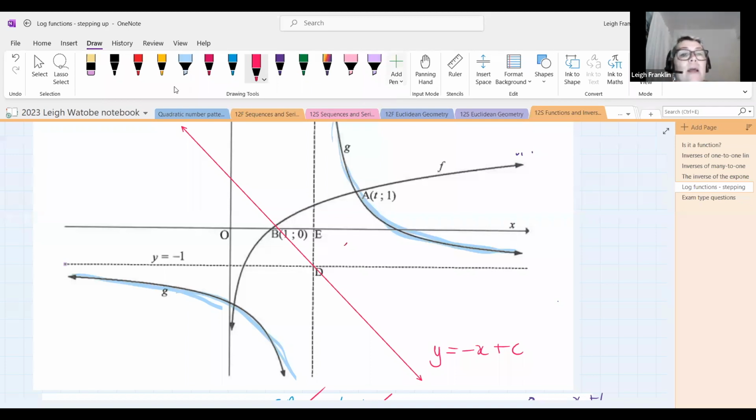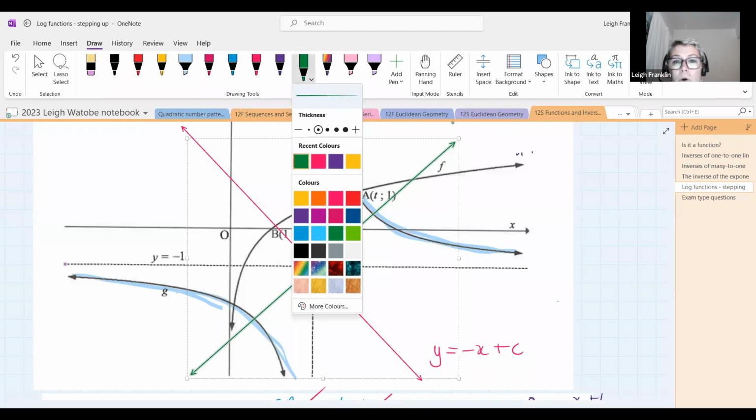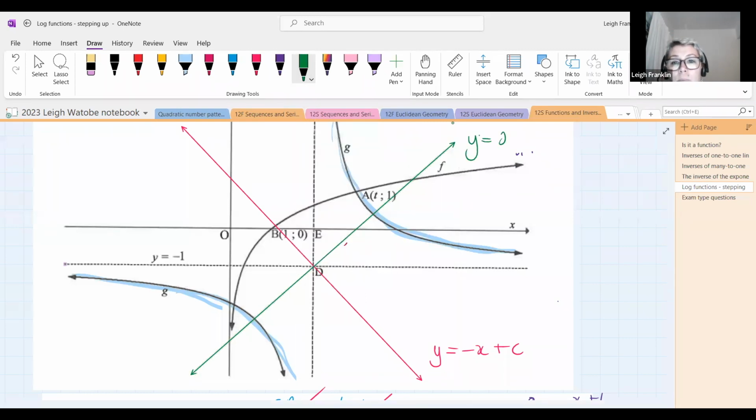It cuts the graph in half this way. You also have an axis of symmetry that has a positive gradient. Let's do that one in green. It also goes through that point of intersection of the two asymptotes. This graph takes the form y equals positive x plus c, because the gradient is positive.